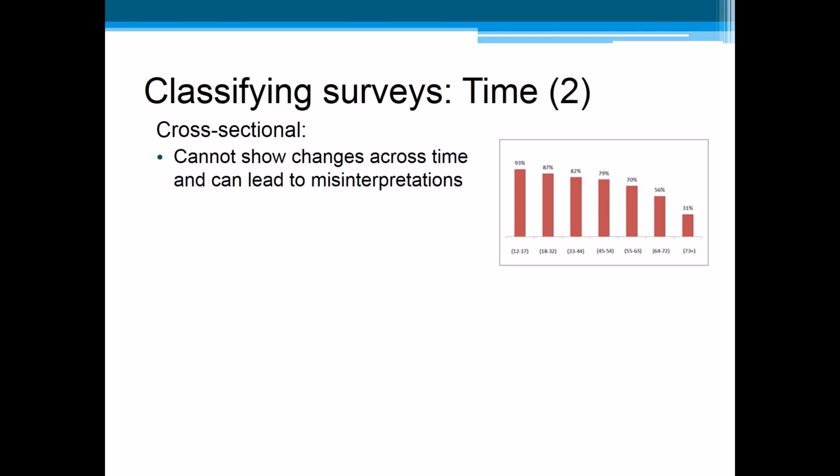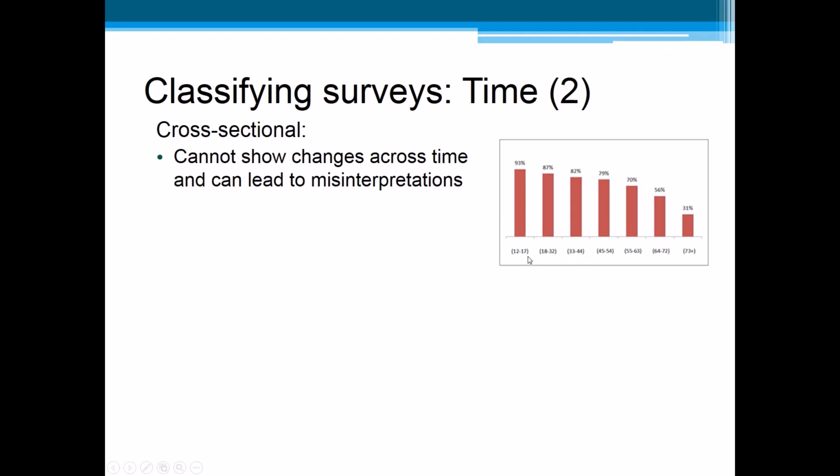So for example, if you were Dell and you've just run an advertising campaign and you want to know whether or not it's effective, you go out and you measure people's attitudes toward Dell. You can't necessarily say that those attitudes have improved because of your campaign, because you need time-based data in order to make that inference. A good example is shown here, and hopefully you can see that on your screen.